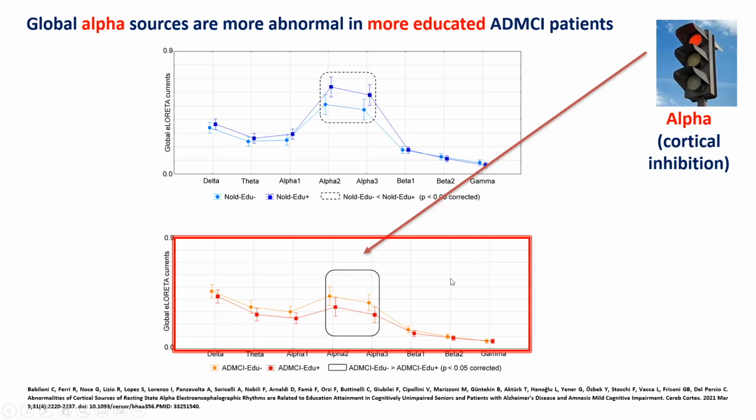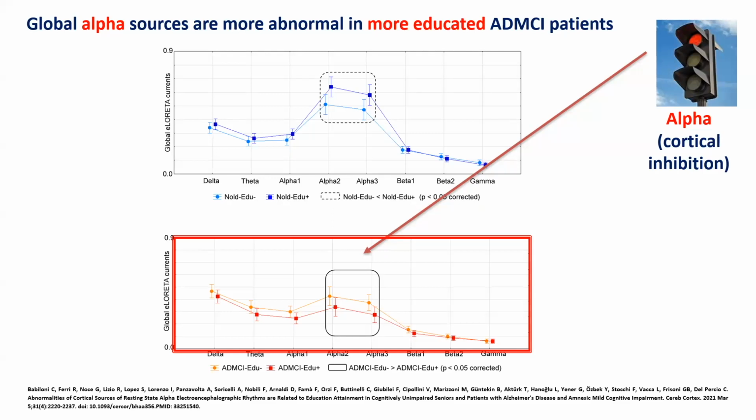And you see that there is significant, more abnormal alpha source activity in patients with more education. This means that even if they have similar cognitive deficits in the two subgroups of Alzheimer's disease MCI, the patients with more education have more abnormal alpha, which means that their education and neural correlates of higher education can compensate the abnormalities in the regulation of vigilance.